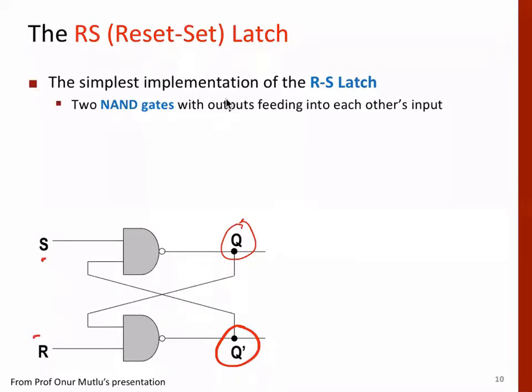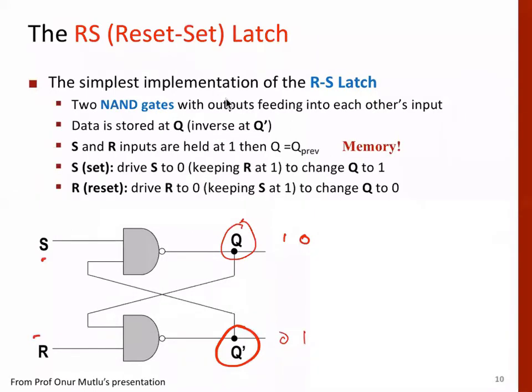Q dash is nothing but the opposite of what Q is, or Q prime. So if this is 1, then this will be 0. If this is 0, it's going to be 1. So this is a basic property, right? So now we can use different values of S and R, and then we can get the desirable output, right?